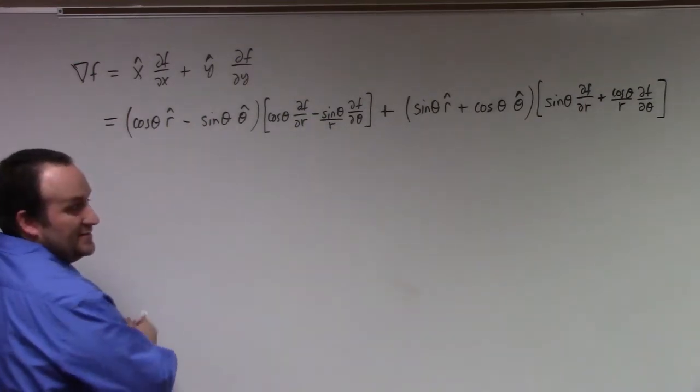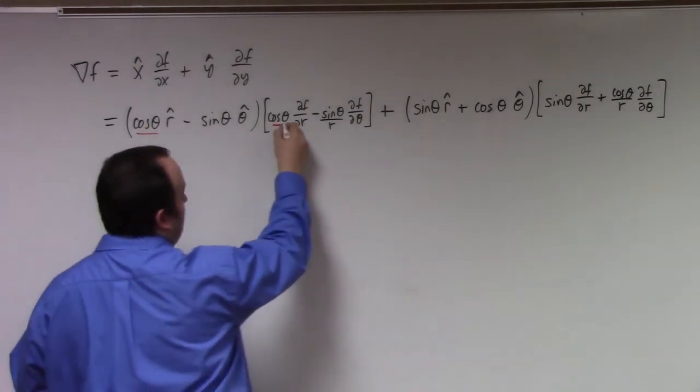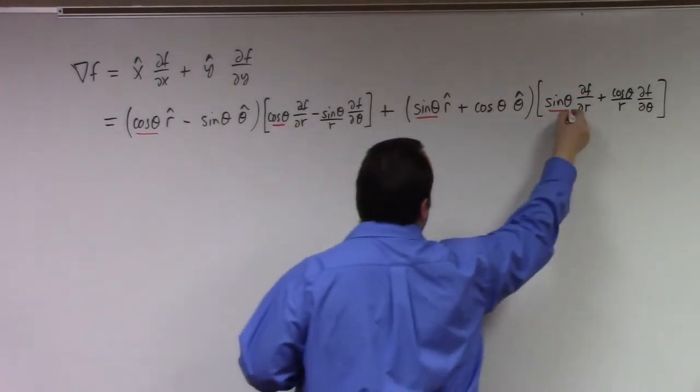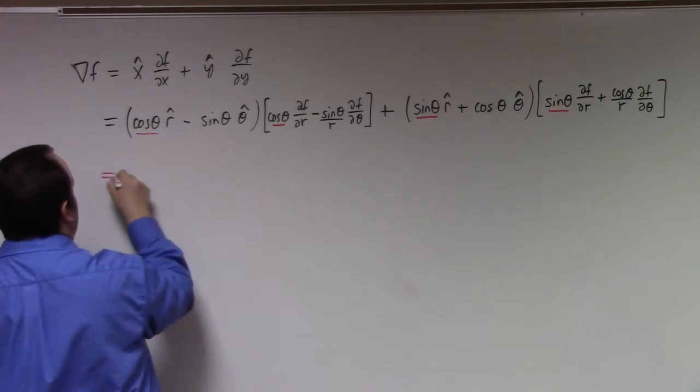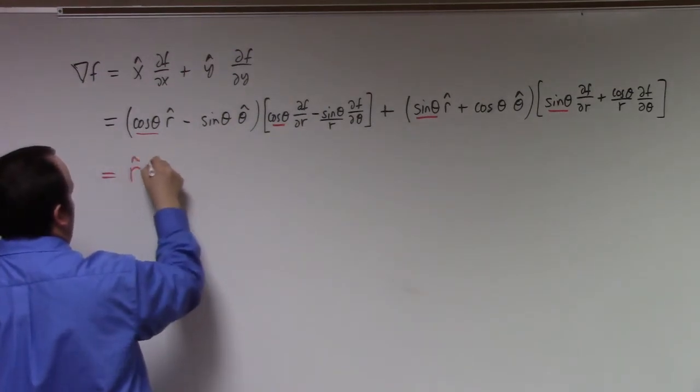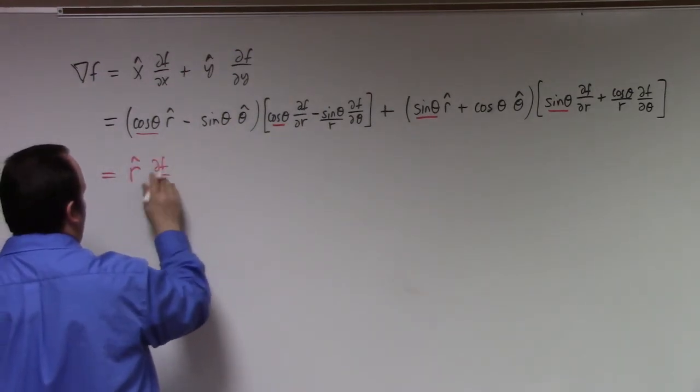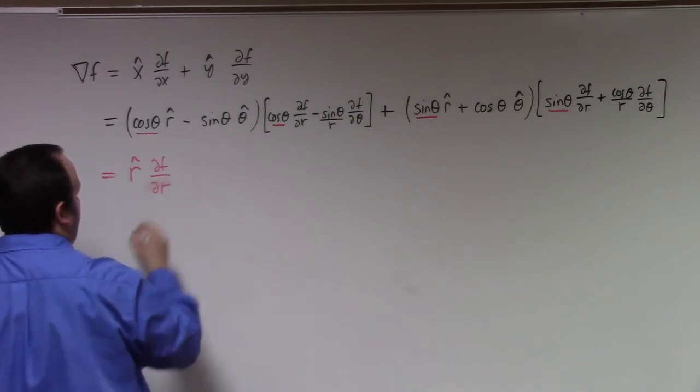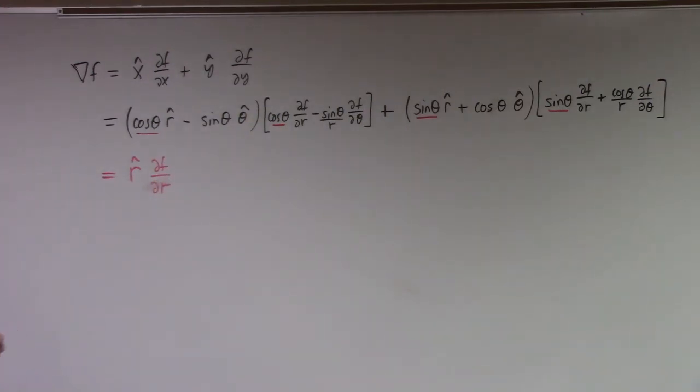See what happens? Cosine and cosine, and sine and sine give me r hat, partial f, partial r, because we get sine squared plus cosine squared times partial f, partial r times r hat. And that just leaves us r hat, partial f, partial r.